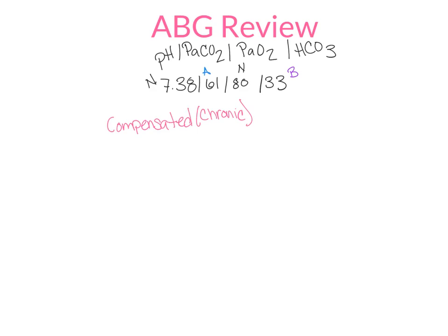So it's compensated or chronic. And because it's closer to 7.35 and below on that side of the scale, it is going to be a chronic respiratory acidosis with normal oxygenation.